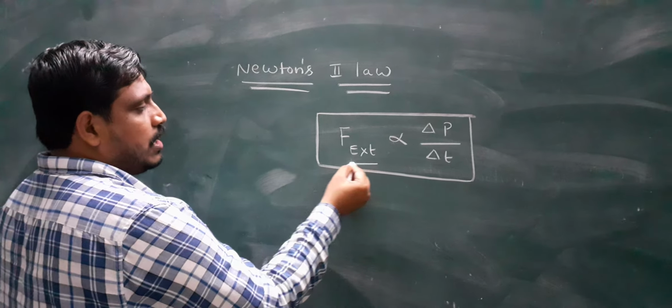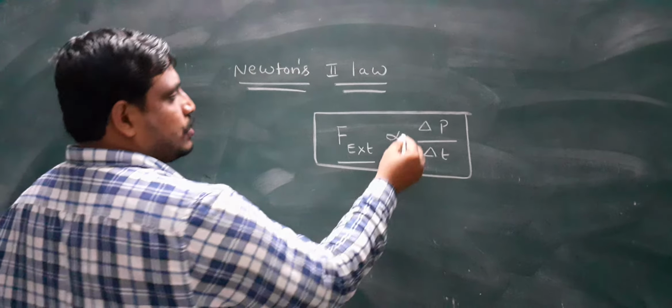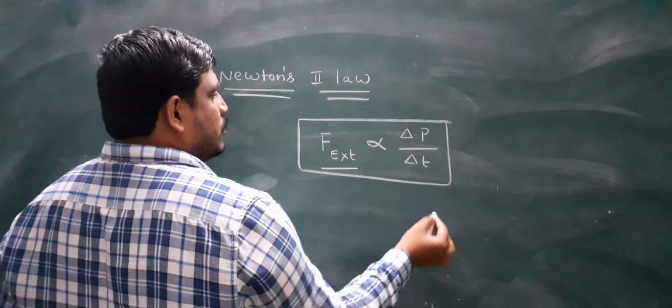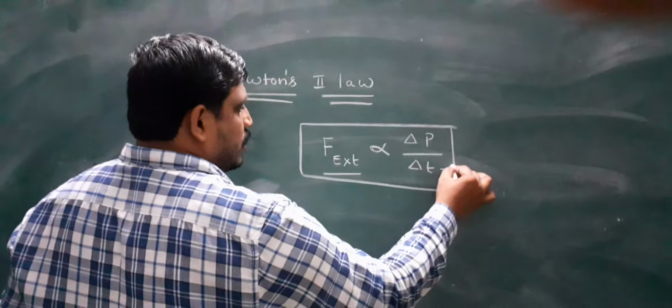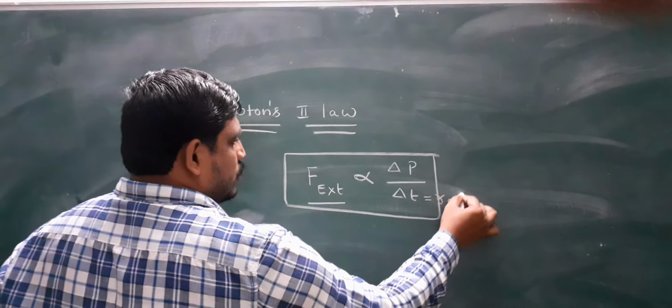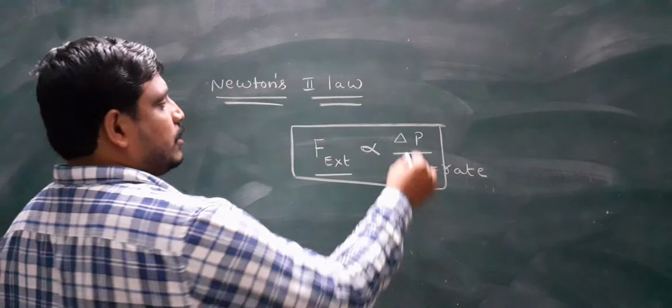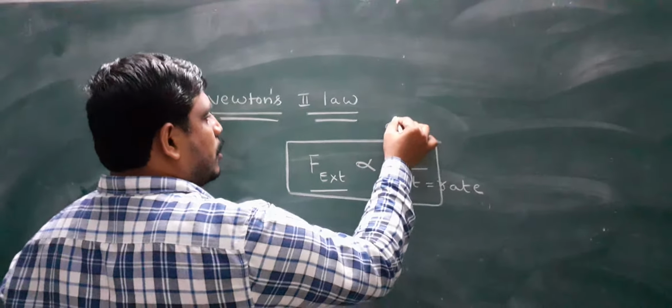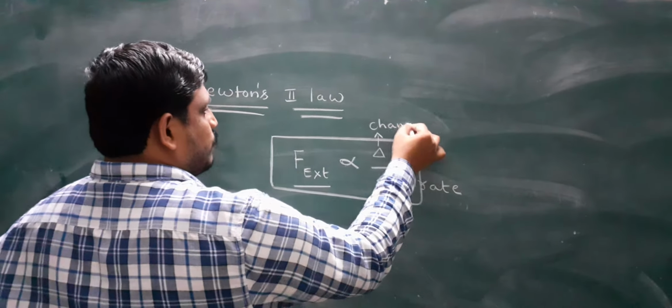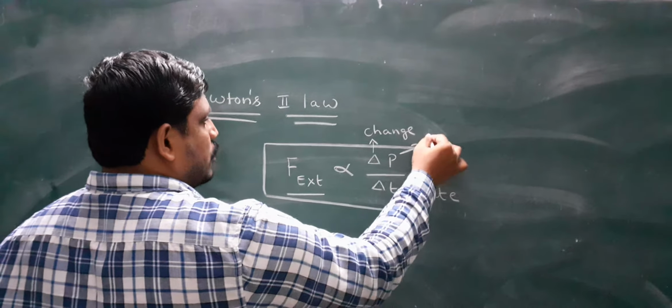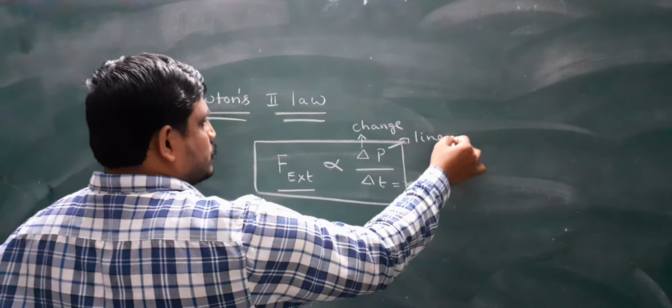According to this law, the external force acting on the body is directly proportional to the rate of change of linear momentum. In the denominator, time; rate means change, delta P, linear momentum.